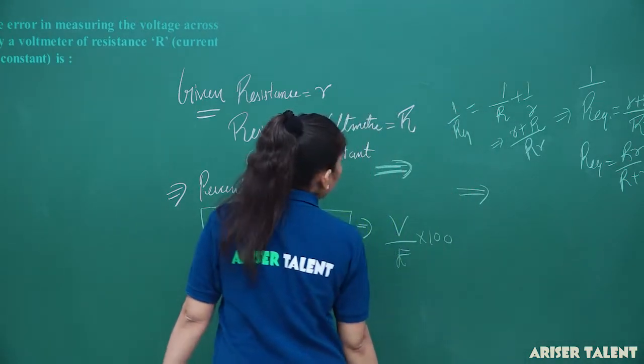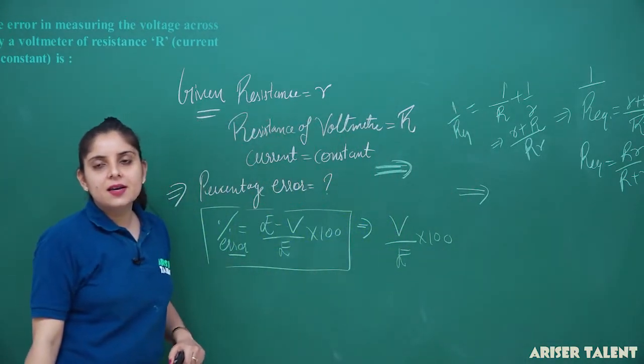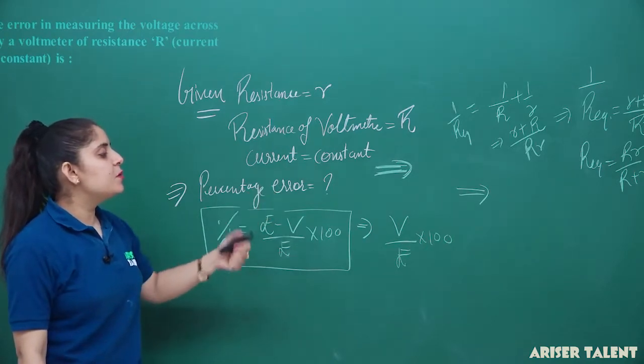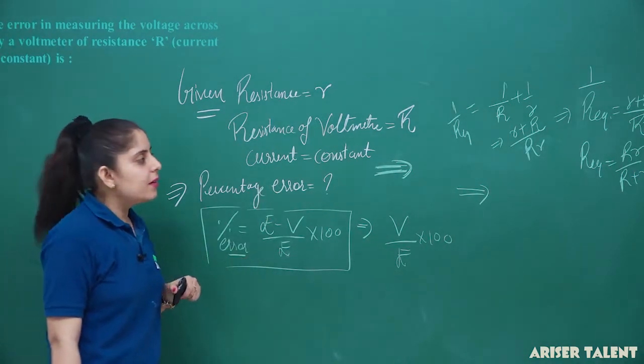Now, if I want to determine the percentage error in this system, what I have to do? I have to substitute the values of equivalent here.